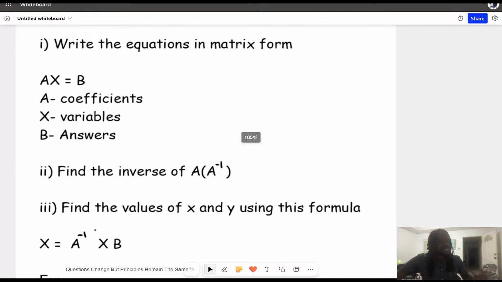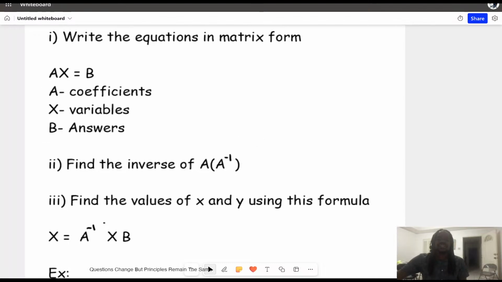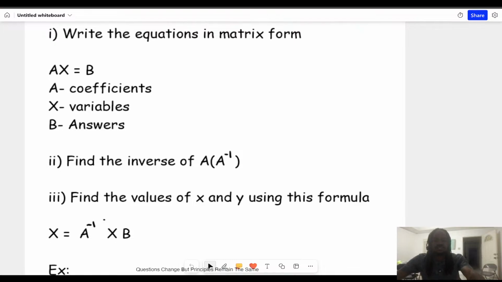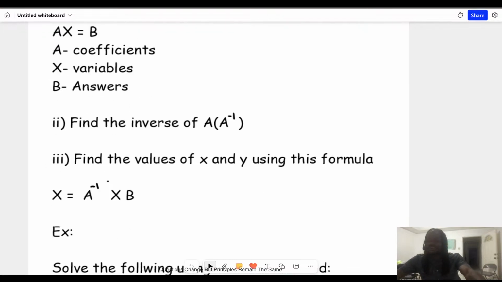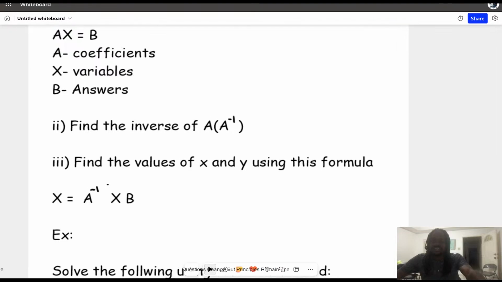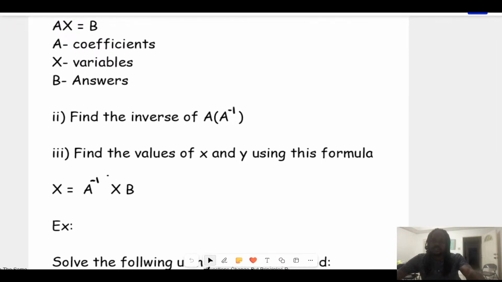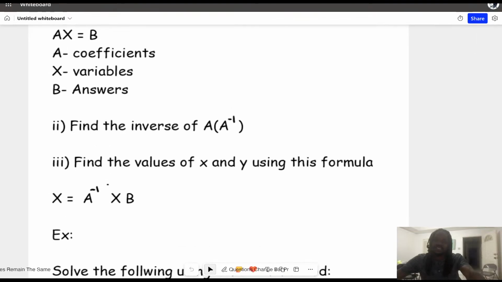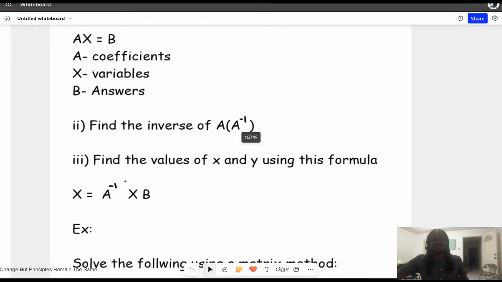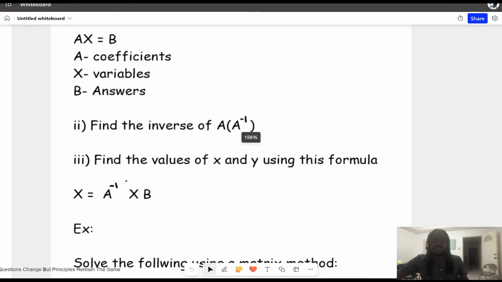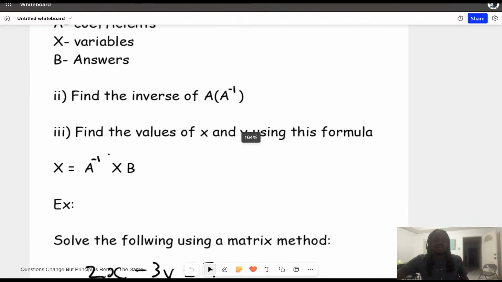Next, it says X. X represents the variables. Remember, you're in fifth form, so you're supposed to understand what I mean by variables. Variables are simply the letters.